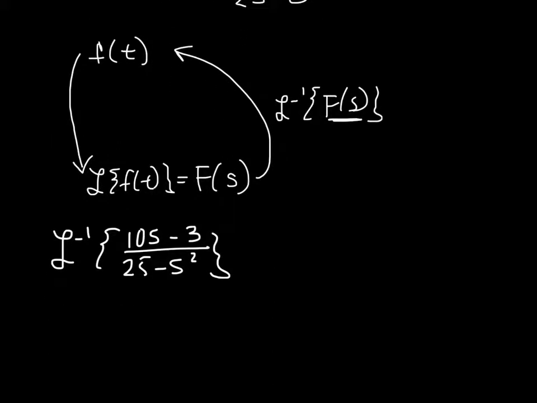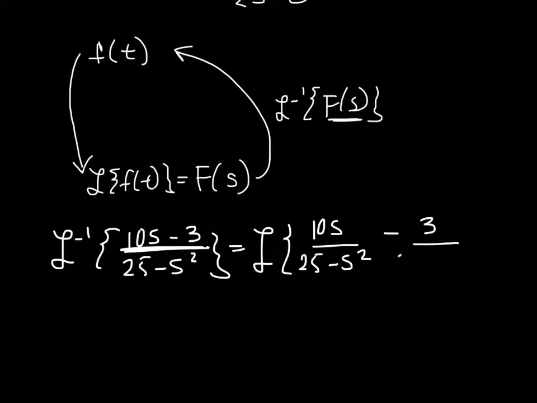Okay, so I'm going to simplify, and I'll go ahead and work to the right. I can break this fraction up into two fractions. I can say 10s over 25 minus s squared, minus 3 over 25 minus s squared.